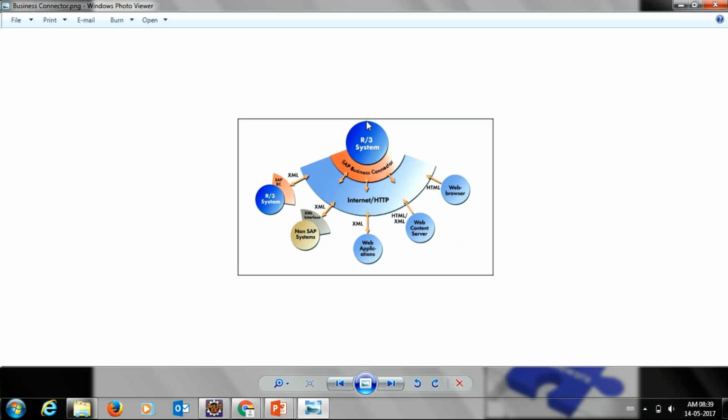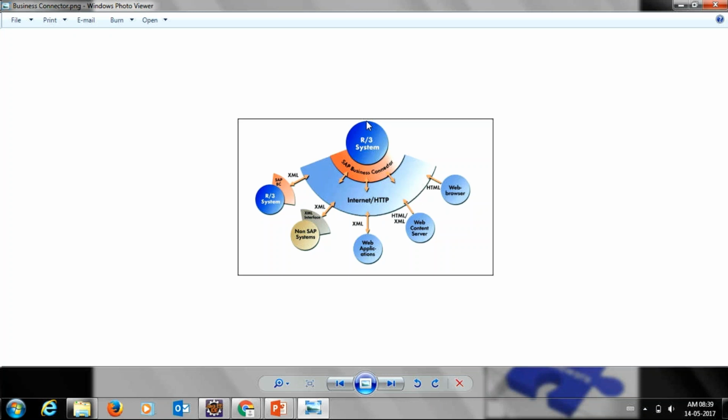The basis of Business Connector was webMethods, but SAP gave its own proprietary integration connectors, the RFC adapter and the IDOC adapter. These two adapters were provided by SAP.